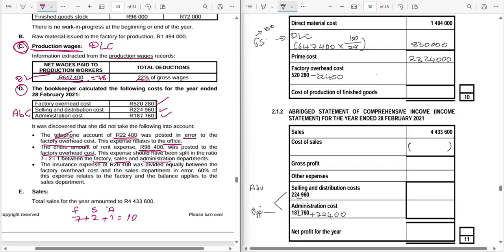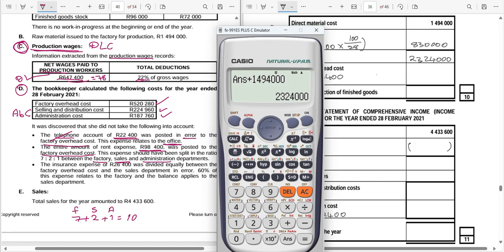So now let's check from our calculator. 98,400 multiply by 7 divided by 10. It's a reverse that I should do. I made a mistake there automatically. So let me see if I say minus 98,400.